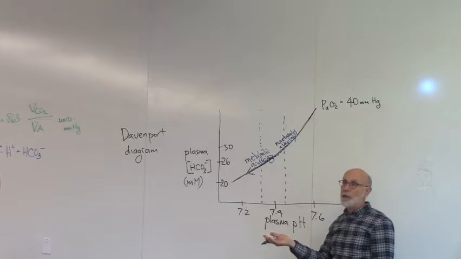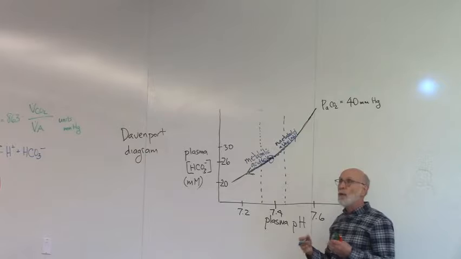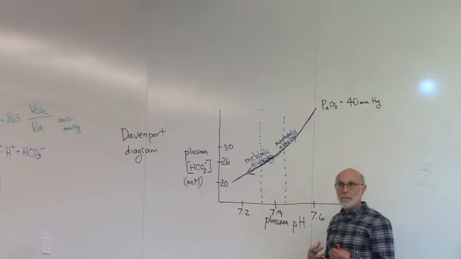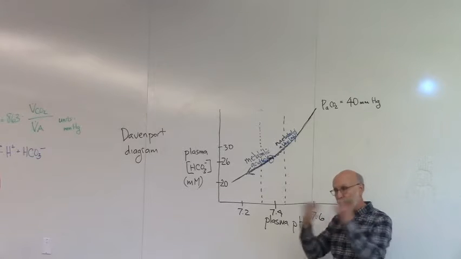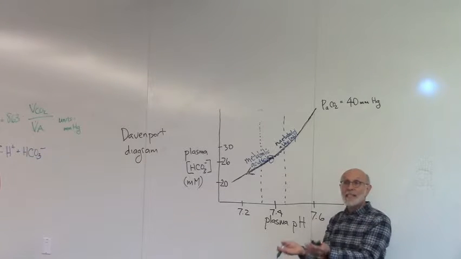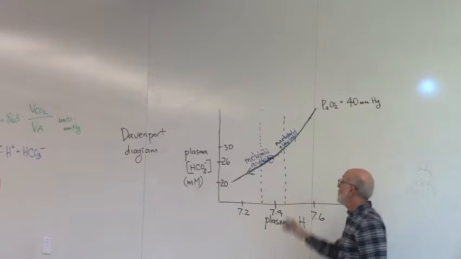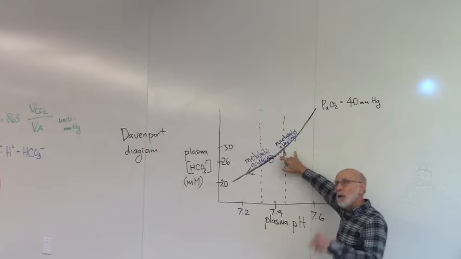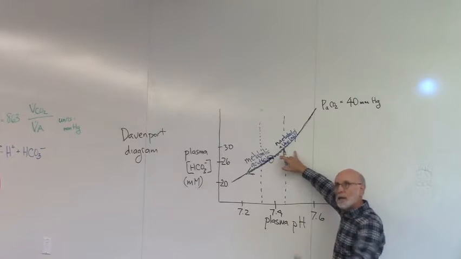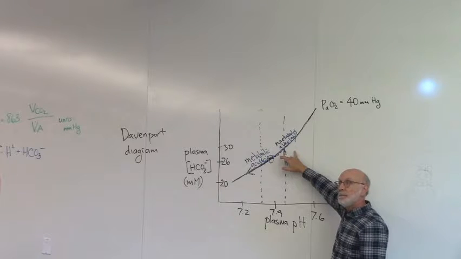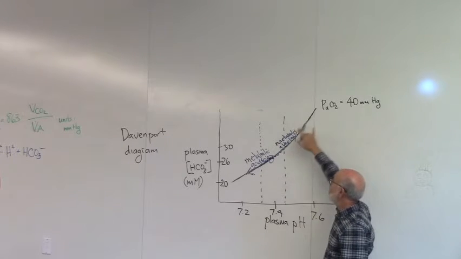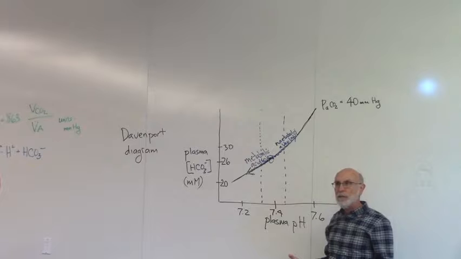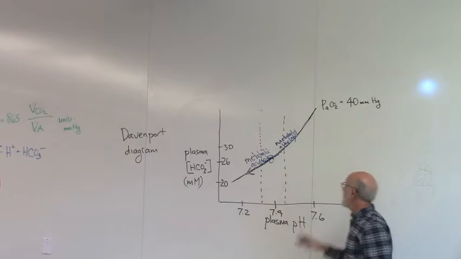Chronic vomiting for some reason. You know that stomach acid is acid. Chronic vomiting would be the excretion of excess acid. That can produce metabolic alkalosis because you're excreting excess acid due to chronic vomiting. Okay? The point is, when we're on this curve, we've said respiration is normal.